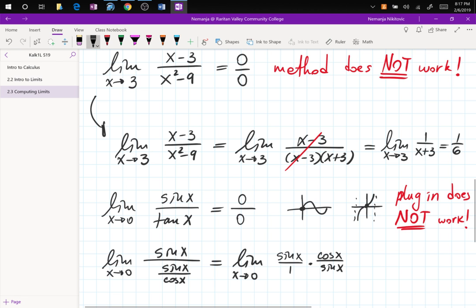Because this line over here is the division line, right? That's divide, and to divide two fractions, you flip the second one and you put multiplication. So now you see that the sine cancels, and you just have cosine. But what's cosine of 0? 1. There we go. So in this case, 0 divided by 0 is 1.